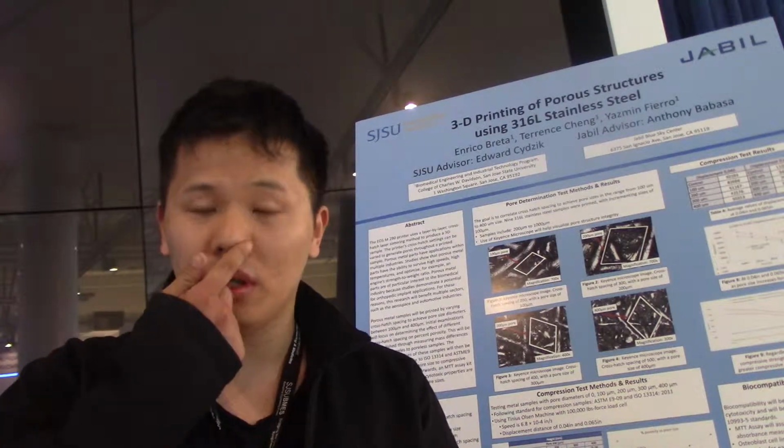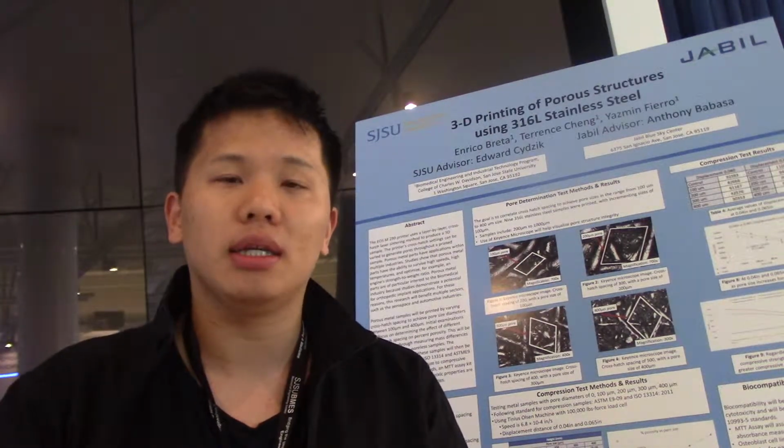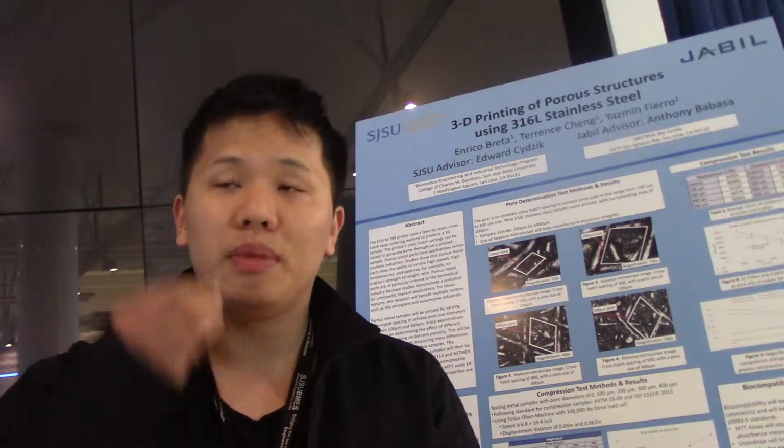There are traditional methods of inducing pores within materials, but one issue with those methods is that they produce a gradient of different sizes in the pores. With additive manufacturing, it could, in theory, produce a consistent pore size throughout the sample, which is one thing we decided to focus on.